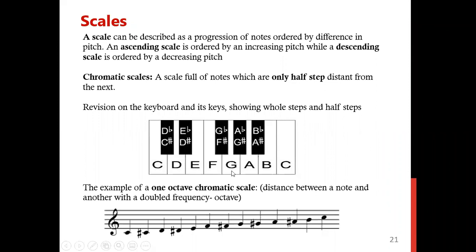That is the next one, because the pattern is whole step, half step. Don't forget, you say tone, tone, semitone, then tone, tone, tone, semitone, or you say whole step, half step.